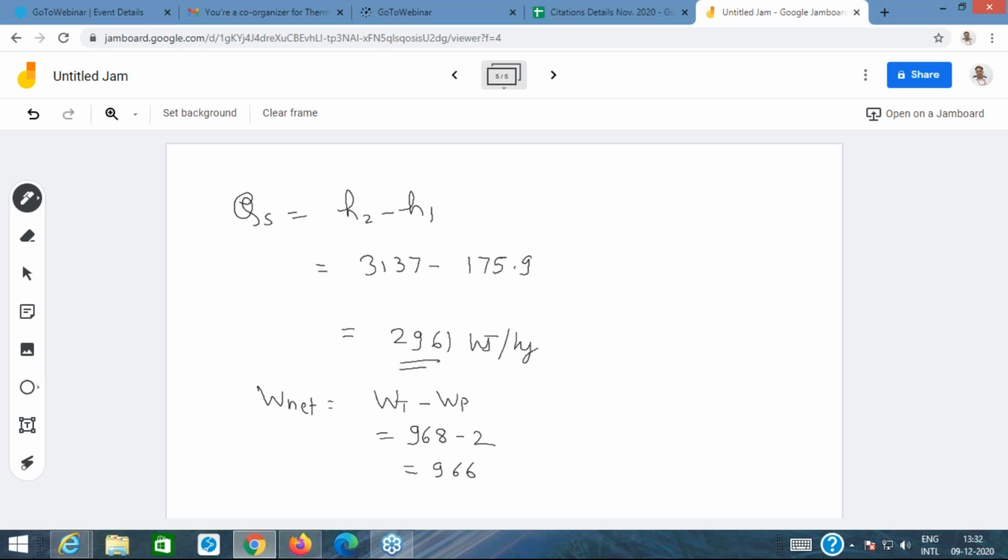So the efficiency of the Rankine cycle would be net work upon the heat supplied, that is, 966 upon 2961 into 100%. So how much percent is that? 33%.